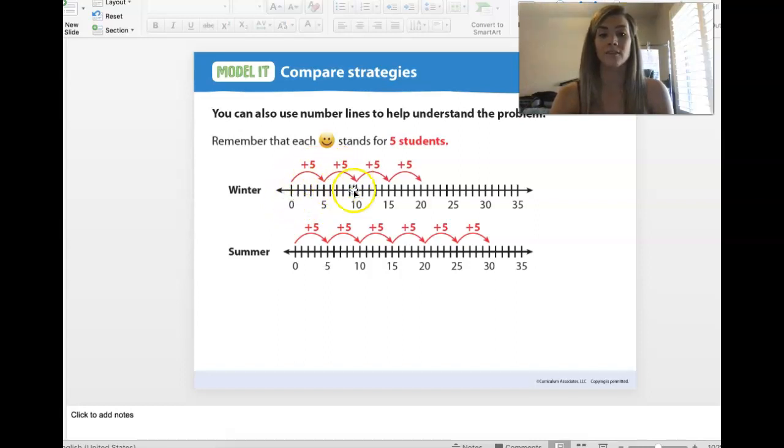So 5, 10, 15, 20 for winter. And for summer, following the same system, start at 0, 5, 10, 15, 20, 25, 30. So those are a couple other strategies that you can use to help you figure out what data is shown on picture graphs and graphs.